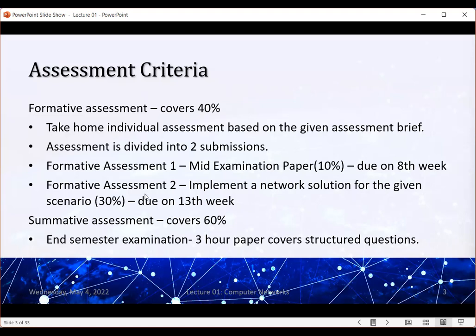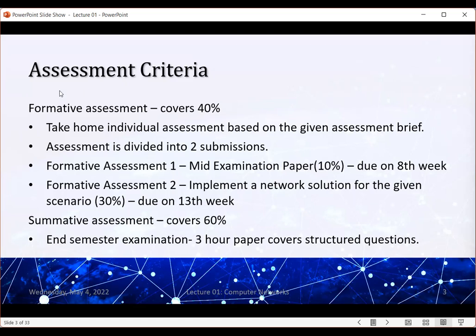If you have any question regarding the assessment criteria, you can ask. Every assignment is individual work, right? You cannot discuss with your group or batchmates. The submission will be individual and should be unique, and I will check plagiarism as well. If you copied from anyone, then the marks will be reduced.